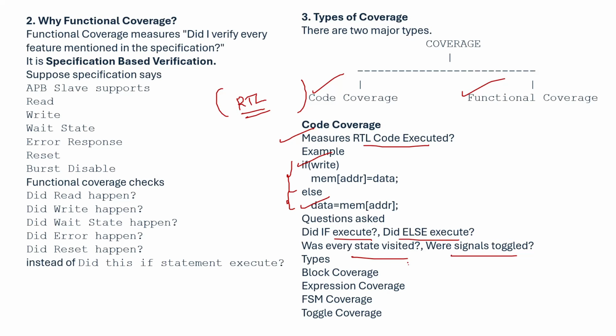In this we have different types: block coverage, expression coverage, FSM coverage, and toggle coverage. Block coverage, what does it tell you? Am I getting you guys? All of you? Yes, sir. Okay, fine.